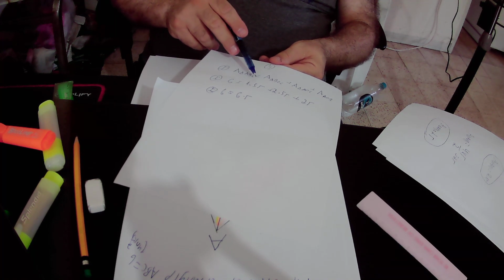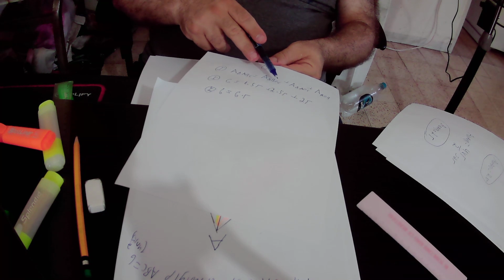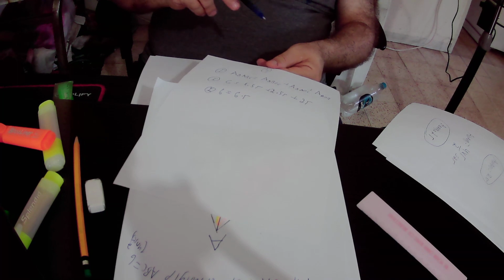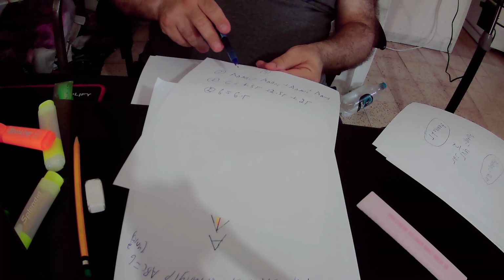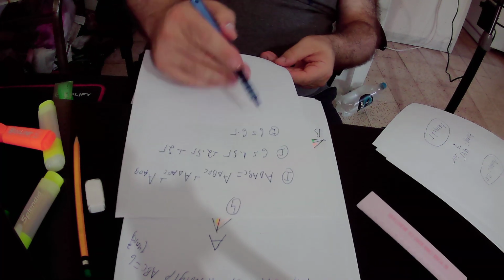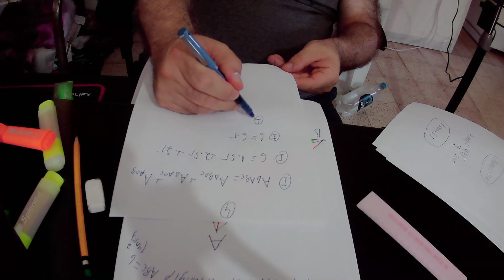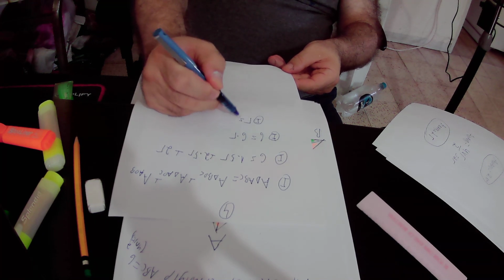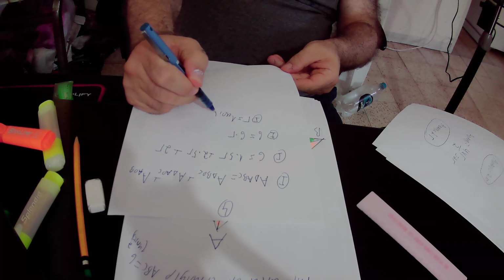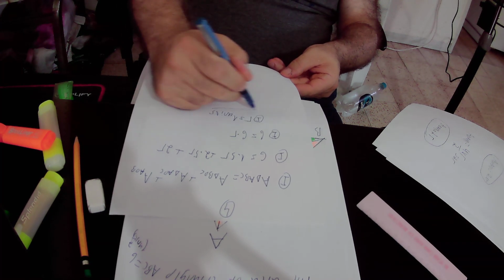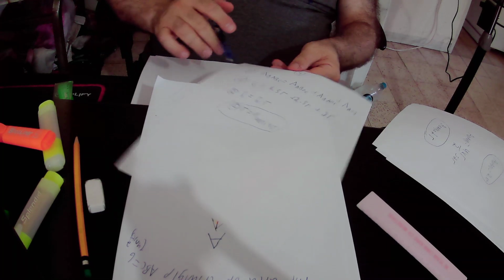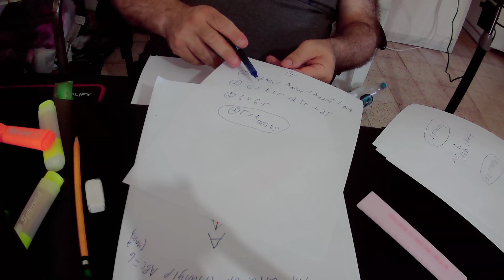So we will divide equation number 1 by 6, and we will get that the radius of the circle inside triangle ABC equals 1 unit, because 6 divided by 6 is 1.